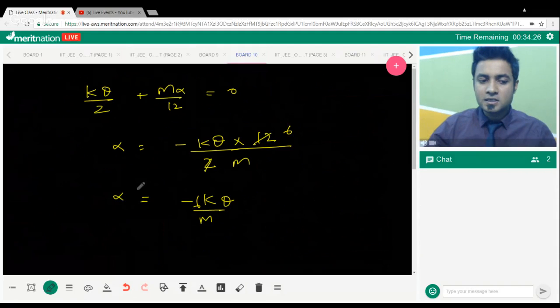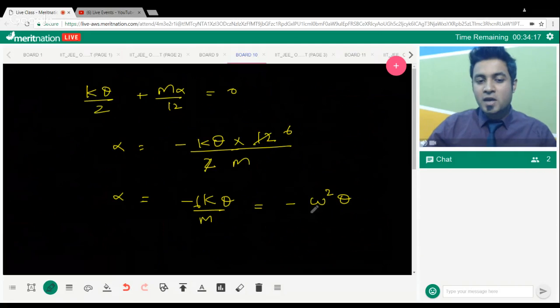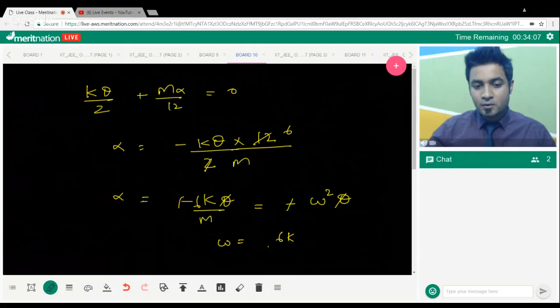Alpha is the angular acceleration, and I can just put it as minus ω² theta, because in SHM we have a condition like this. So once you compare it, you will get that ω comes out to be the square root of 6k upon m.